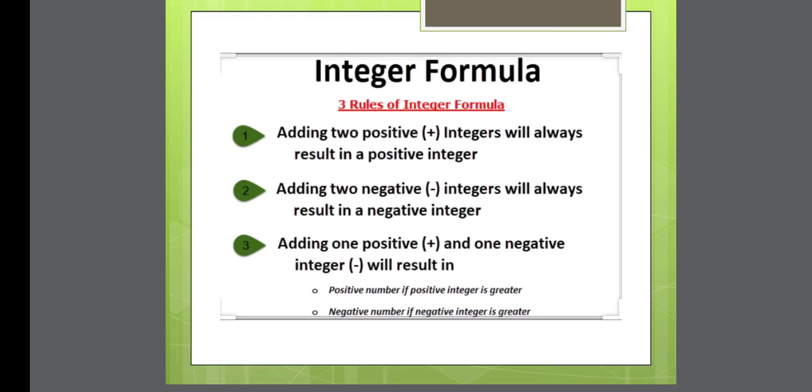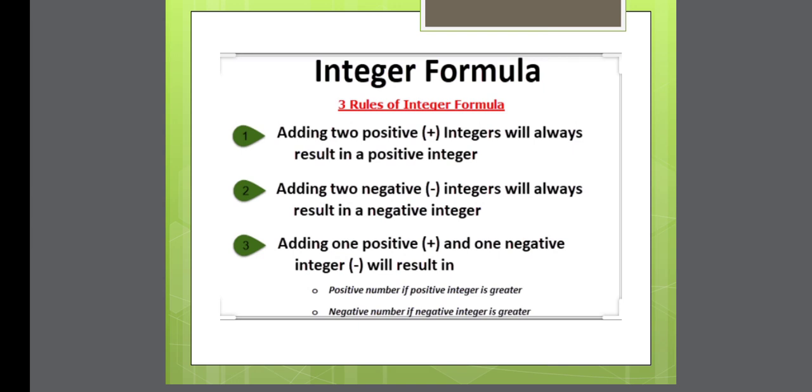So can you suggest anything from there? We can suggest that addition of two positive integers will always result in a positive integer. Addition of two negative integers will result in a negative integer.